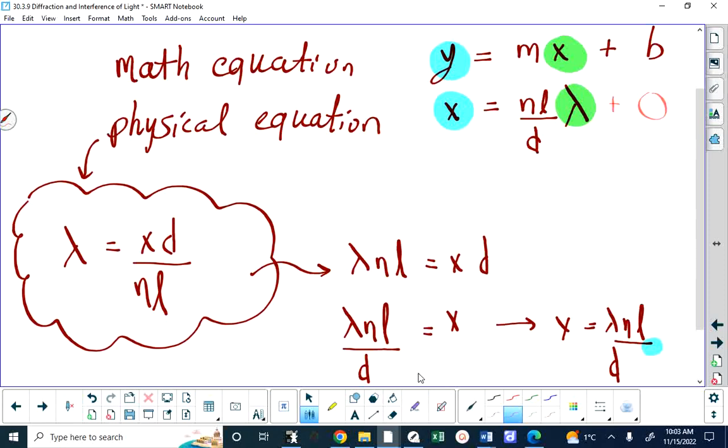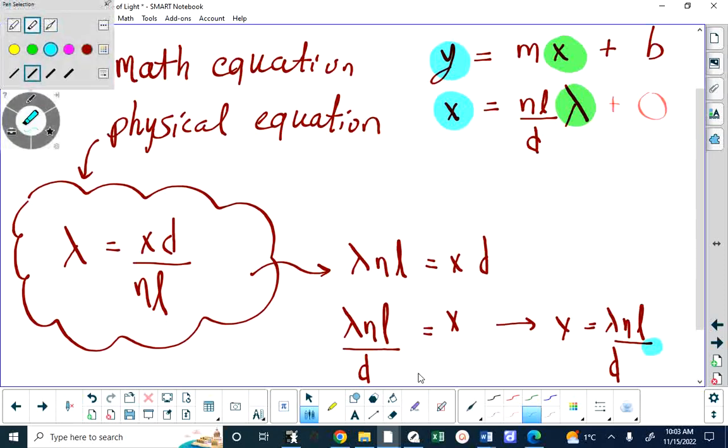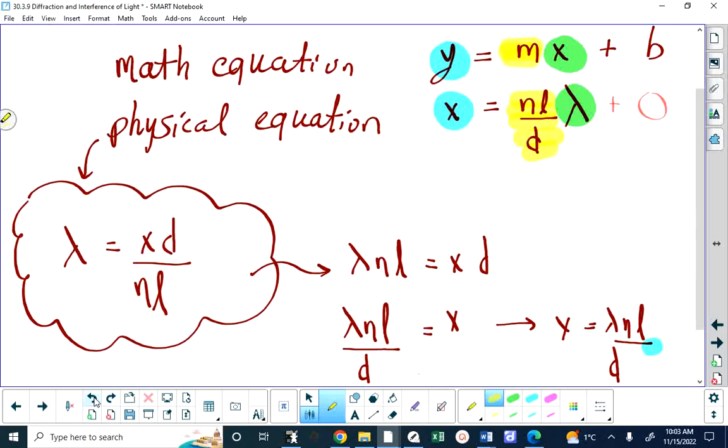It's not part of the physics. But what this means ultimately is that the slope of the line is equal to this. That's the tough part. Now the mechanics of this is that you have to find the slope of that line and set it equal to NL over D and solve for D.